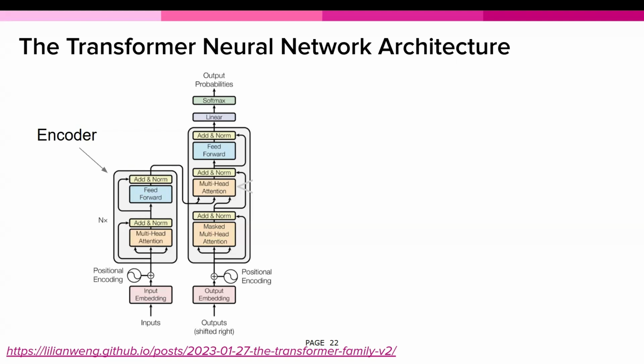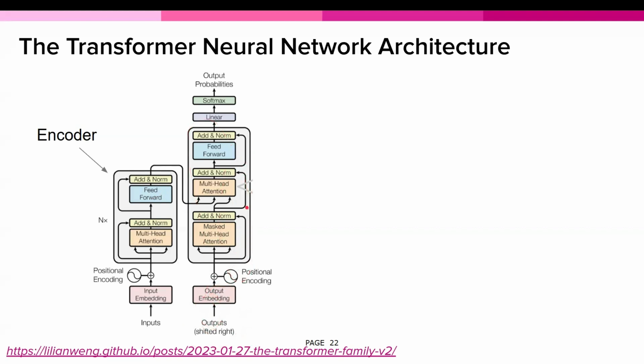In practice, each transformer stacks multiple identical layers with this same basic design. The decoder, on the other hand, is responsible for generating the output sequence by using information from both the encoder and its own previously generated outputs.